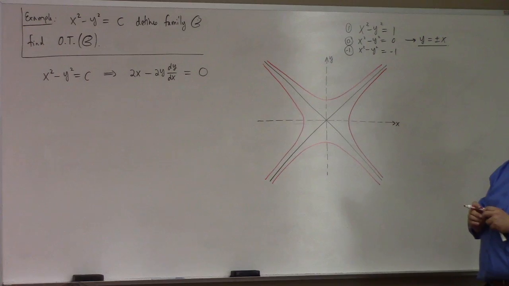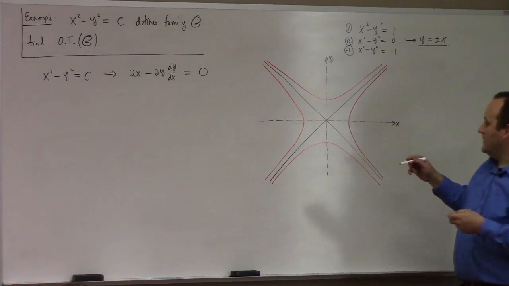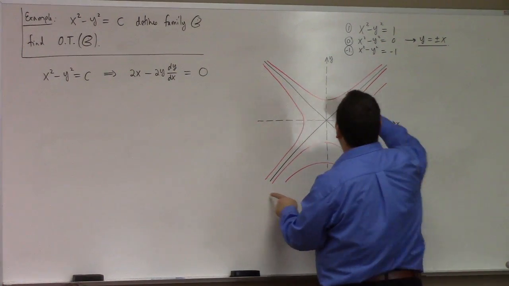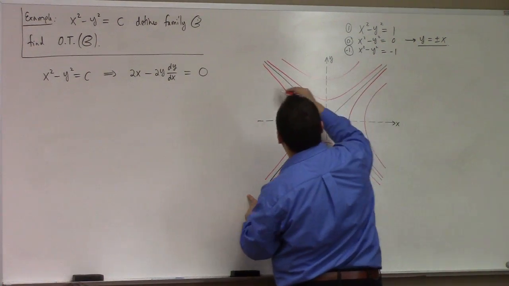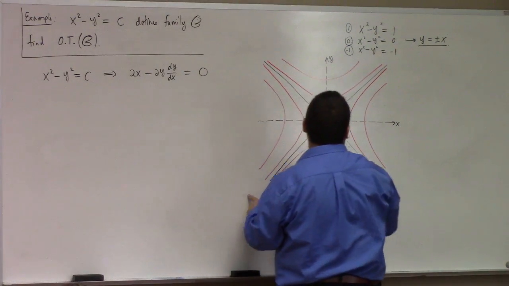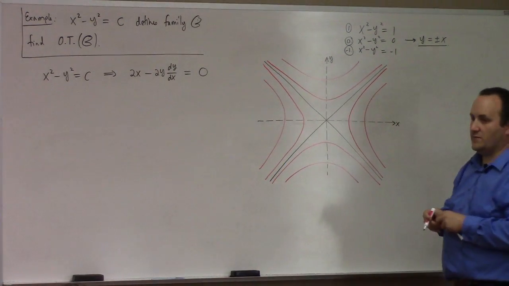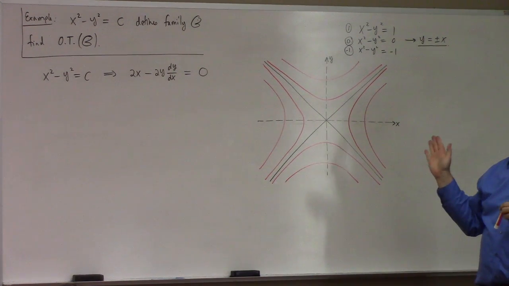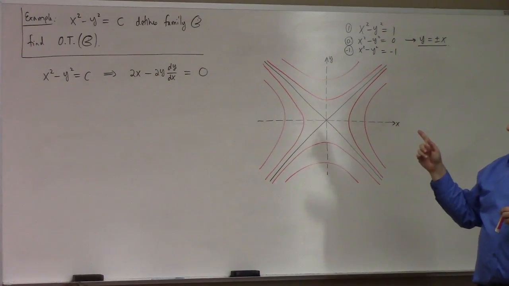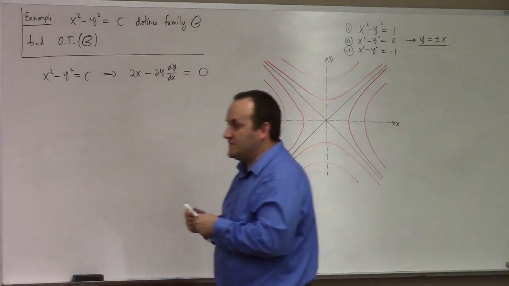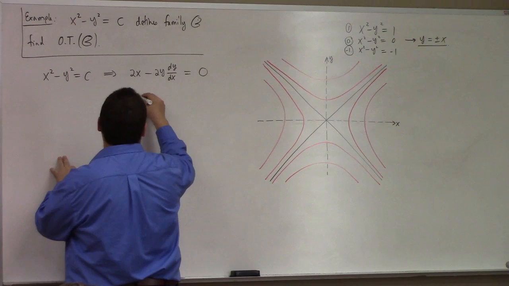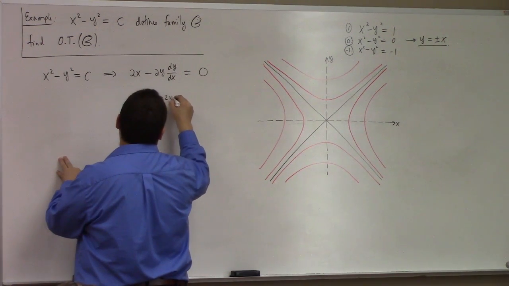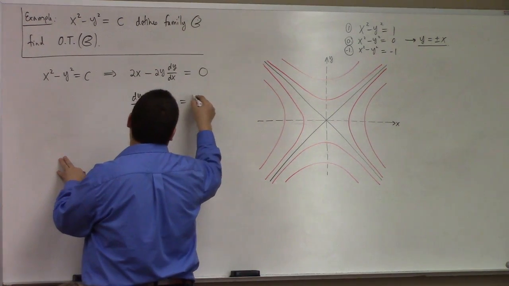And if you go on to plus or minus 2 or plus or minus 3, you get like these, right? There's a whole family of these hyperbolas. They fill the xy plane, right? So forth. That's the family we're looking at. We want to find the orthogonal trajectories to these. So what I do is I find the differential equation that corresponds to the family. I'm almost there. dy dx equals to what? Looks like x over y, right?